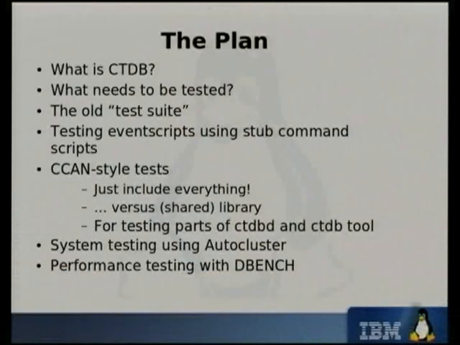Okay, what are we going to talk about today? Well, we might as well start off by telling you what CTDB is. That's going to be useful for the conversation. We're going to talk about what needs to be tested, and once you know what there is, what needs to be tested is pretty trivial. We're going to talk about an old test suite that we have. Test suite is in inverted commas because it doesn't test that much. We're going to talk about testing CTDB's event scripts, which we'll tell you what they are.